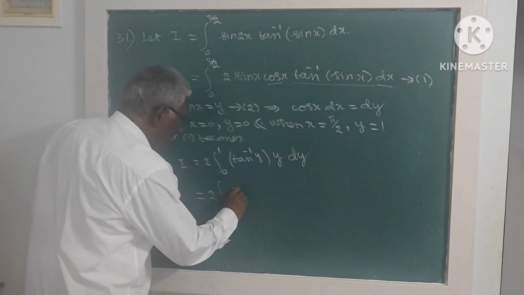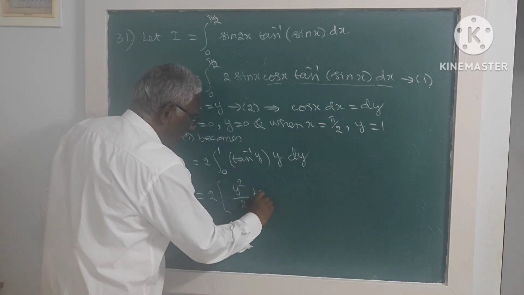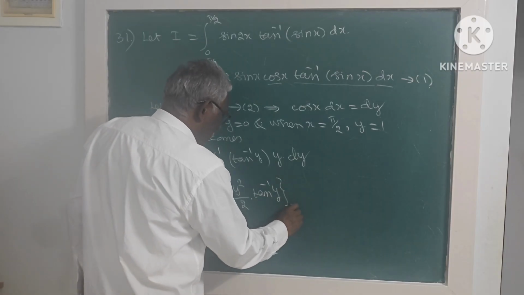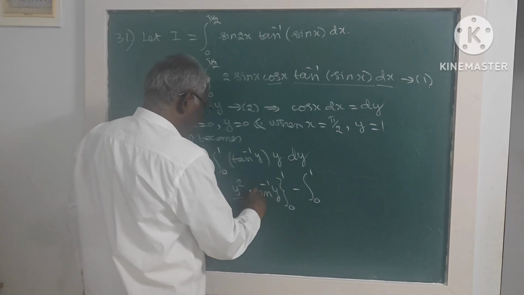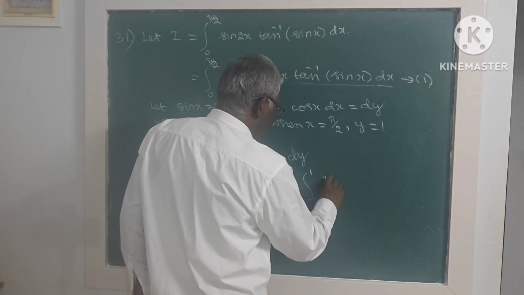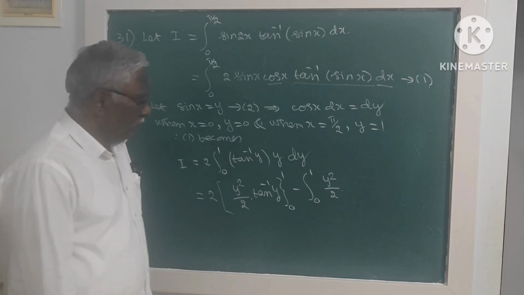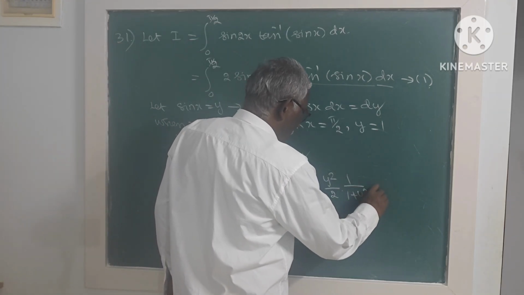So y square by 2 into tan inverse y, 0 to 1, minus integral of the integrated function y square by 2 times the derivative of tan inverse y, which is 1 by 1 plus y square dy.